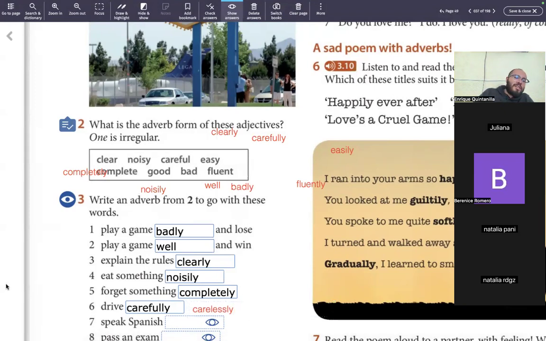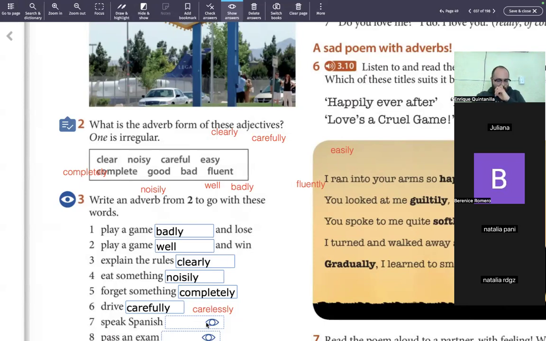They drive fast, they don't look at the signs, they run over people or motorbikes or crash into other cars and run away. So that's carelessly. Don't be careless when you drive. Carelessly is the adverb.